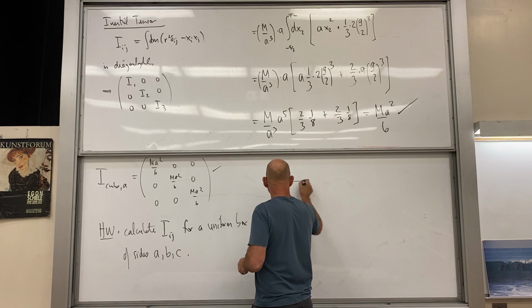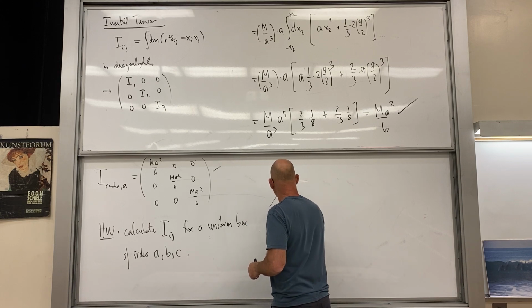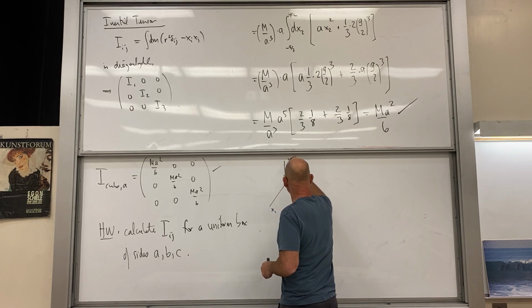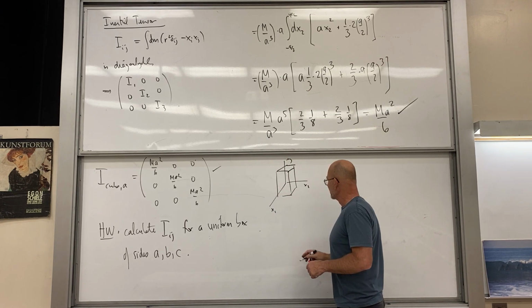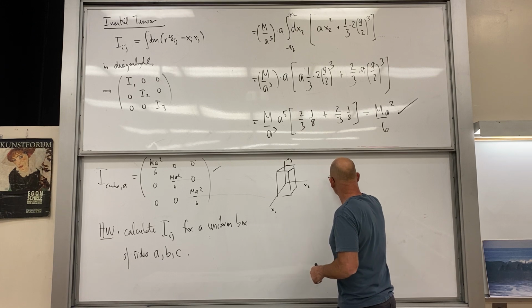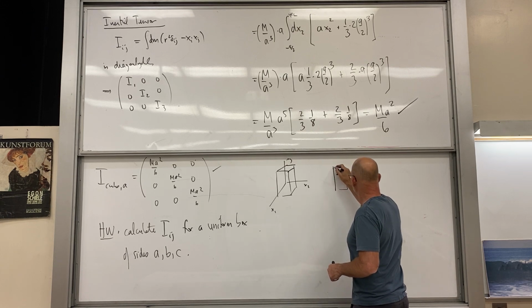And if you want to draw this with x1, x2, x3, you have to cleverly show all three dimensions being different. It's a box. Probably better to draw the box first and then some axes.